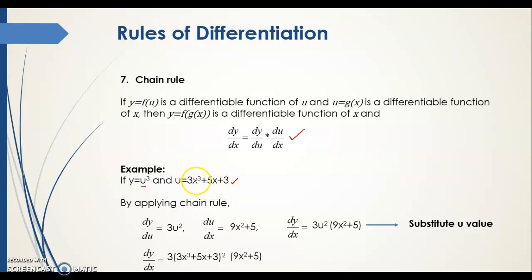In this case it will be 9x square plus 5, and the constant is 0. Then dy/dx is this multiplied with this. Now you just have to substitute the value of u. So this u is 3x square plus 5x plus 3. Just simply substitute this value, and you will get dy/dx. So this is very simple. You just need hands-on experience.